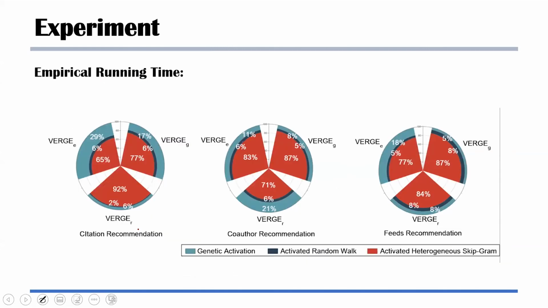For the running time, we also have some comparison, because we have three parts of the algorithm, right? The first part is genetic activation, the second part is random walk, and the third part is graph embedding generation. You will find that most of the cost is actually in the graph embedding generation, while the other two account for about 20% or 30%.